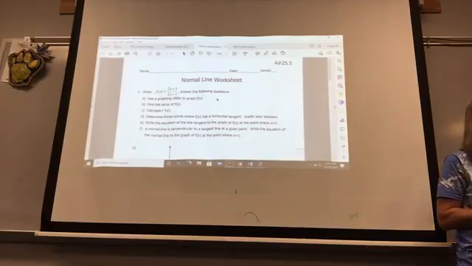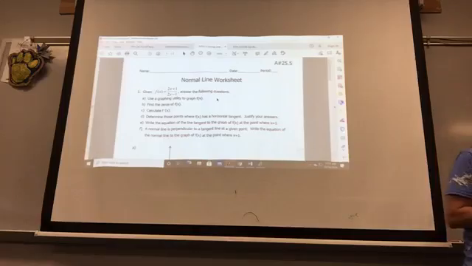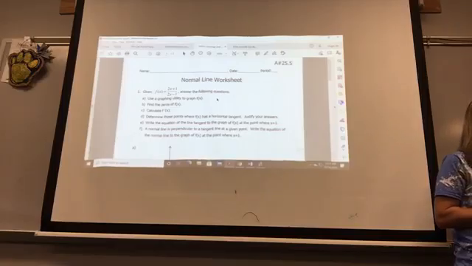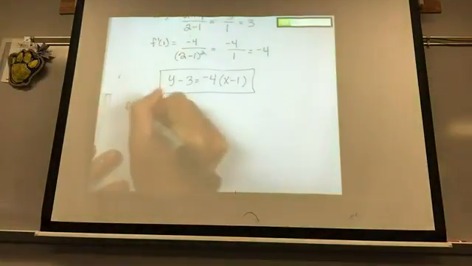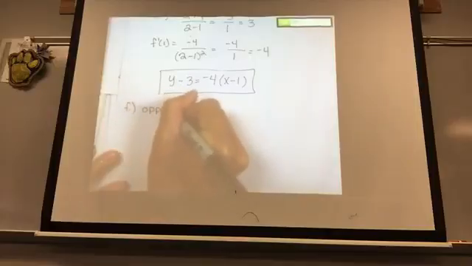And what do we know about perpendicular lines? They have opposite reciprocal slopes. So remember, if you have opposite reciprocal slopes, that means you change the sign of the slope and you flip the fraction. So everything stays the same when we write the normal line, except we need an opposite reciprocal slope.